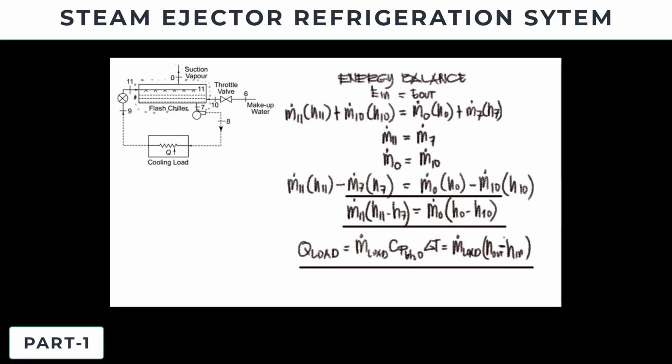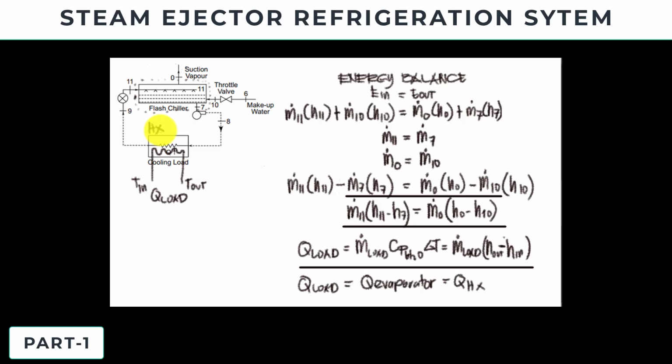Now, considering that we have the load that is connected to our cooling load, for example, we have here the temperature in and the temperature out. So that will be the Q of our load. Now, Q of load will be equated to the Q of your evaporator, or it can be the Q of the heat exchanger.